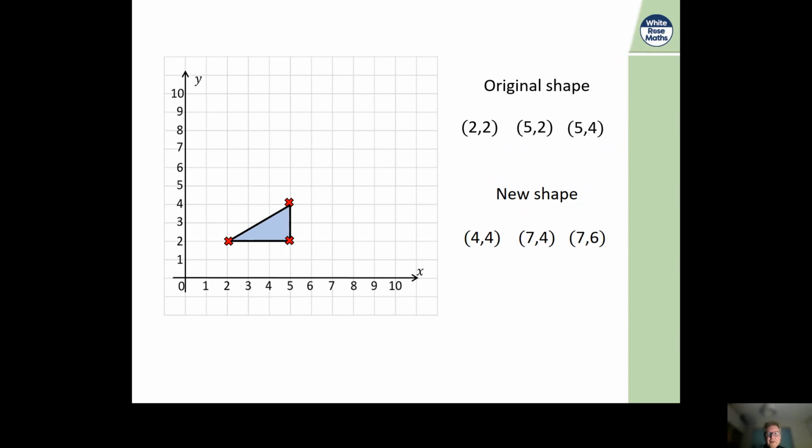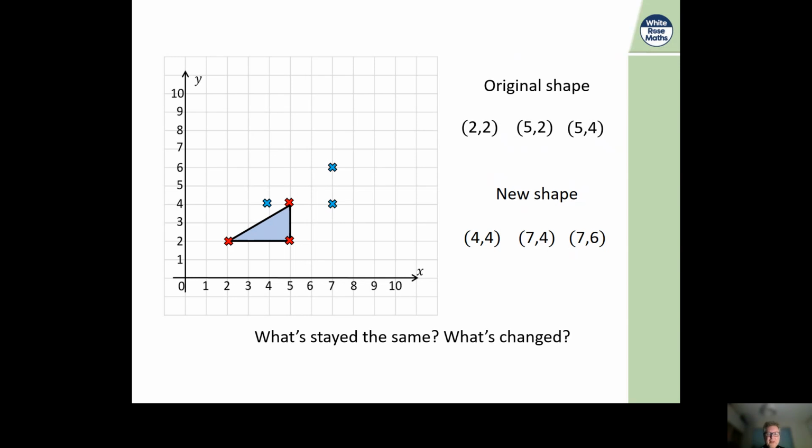So there are the 3 coordinates for the 3 vertices and the new shape plotted. So what stayed the same and what's changed? If you've been listening, I'm fairly sure I've said this several times. What stayed the same about the shape?